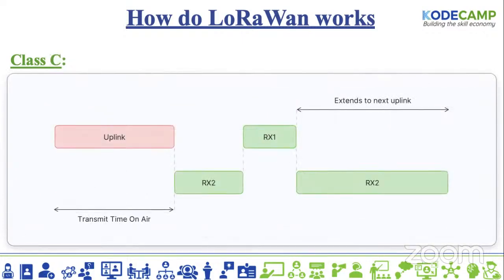Now for the next one, called class C. The class C here tends to be a little bit different. The class C device extends class A. It somehow looks like class A, but it has more than one receive window.